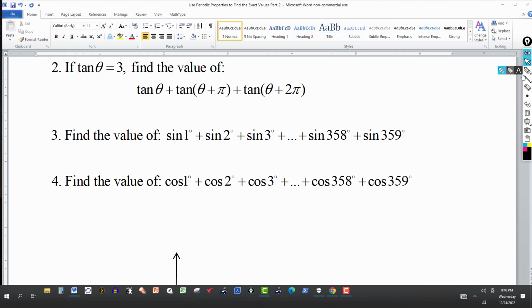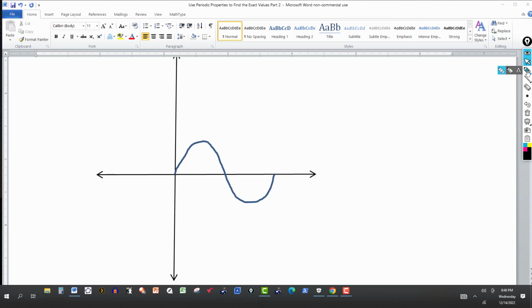So let's look at it this way. This is an approximation of the graph of the sine function. This is 0 radians and 1 complete period. It ends up here at 2 pi radians. Up to here is pi over 2 radians, or 90 degrees if you write it in degrees.